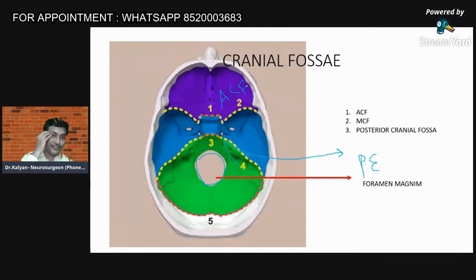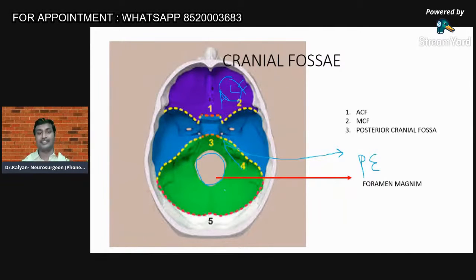The one between your eye and your ear is the middle cranial fossa. And the region posterior to the petrous bone is the posterior cranial fossa.